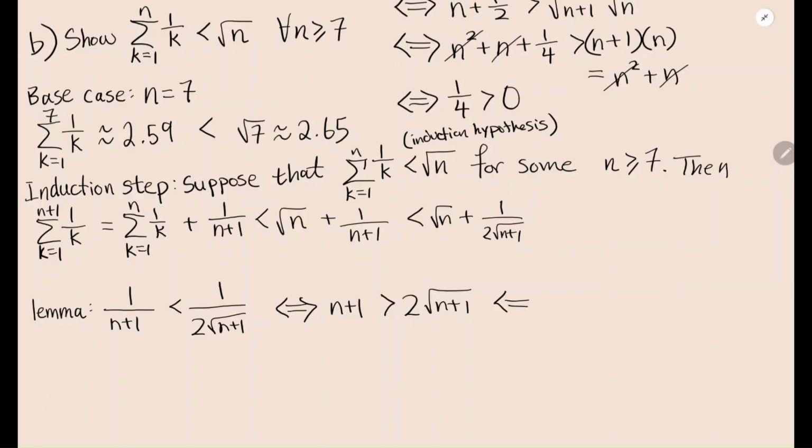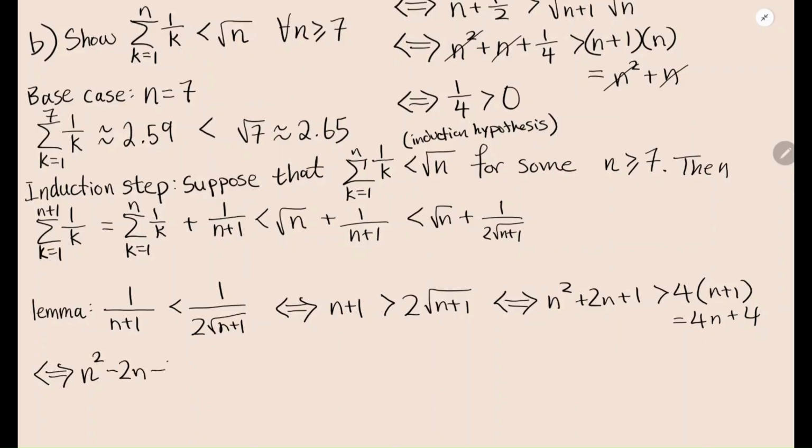And then I can square both sides. n plus 1 whole thing squared is n squared plus 2n plus 1, greater than squaring this part, I get 2 squared, which is 4, times n plus 1, which is 4n plus 4. Moving everything to the left-hand side, I get n squared minus 2n minus 3, and if I factor this, I get n minus 3 times n plus 1, and that is going to be greater than 0.